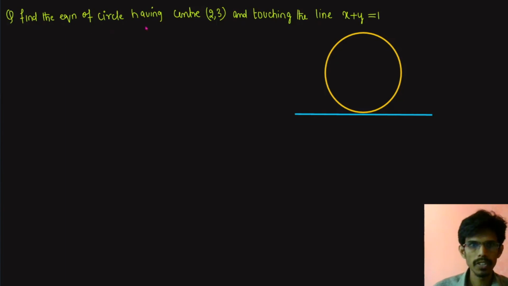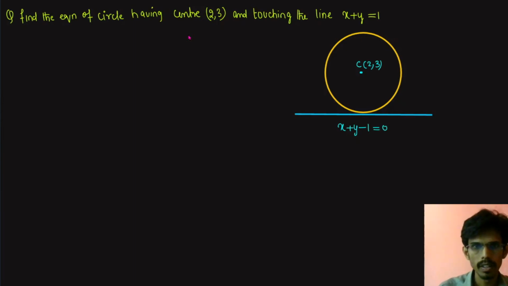Find the equation of circle having center 2, 3 and touching the line x plus y equal to 1. Now for this circle the center is given, C, that is 2 comma 3. This circle is touching this line x plus y. Let us take minus 1 here, x plus y minus 1 equal to 0.